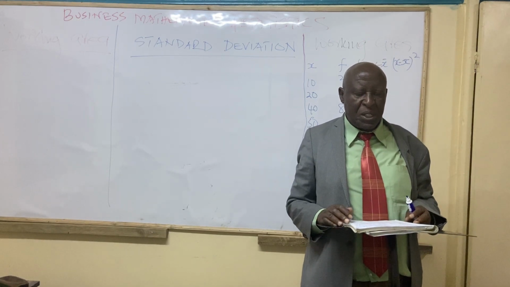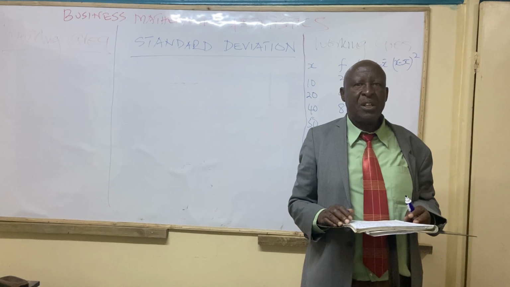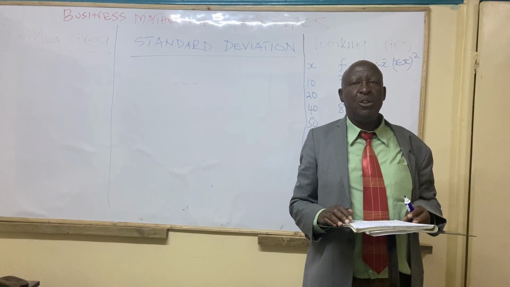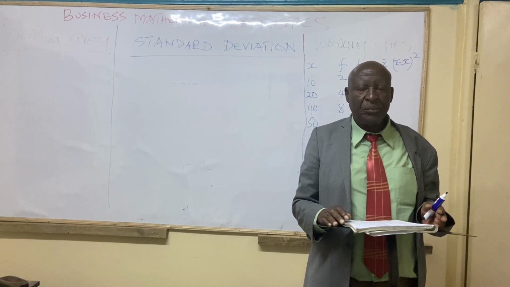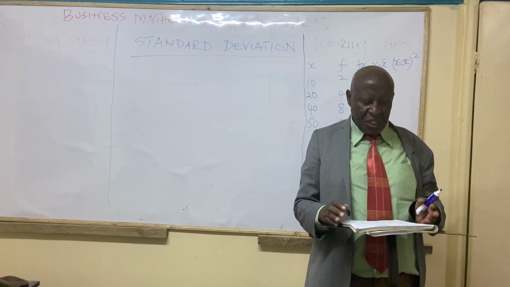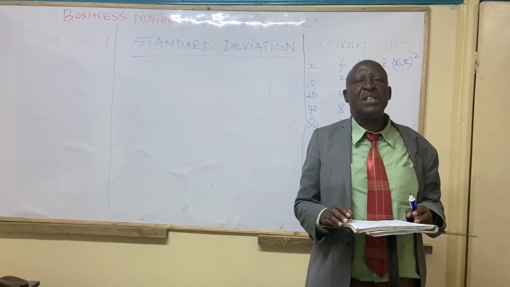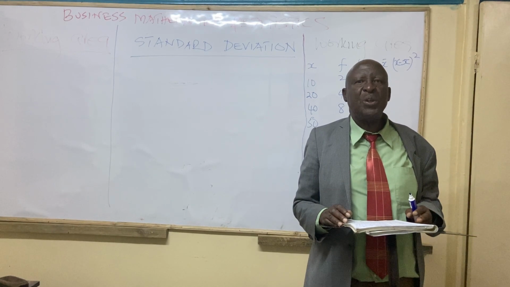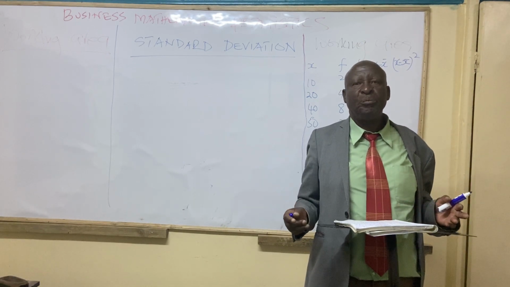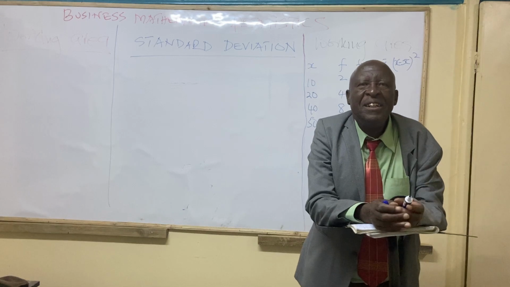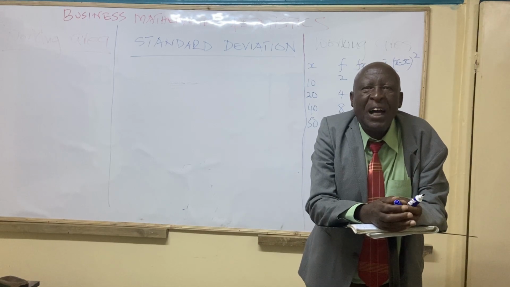Today we look at the standard deviation using the previous data we had used in mode. So the same previous data we can use to calculate our standard deviation, between the mean, the median, and the mode.